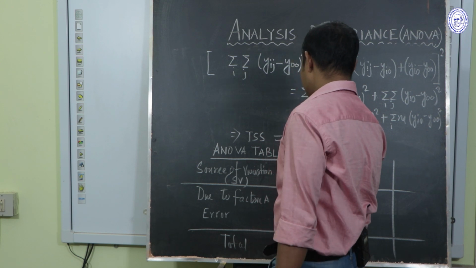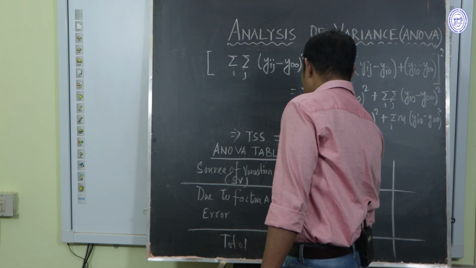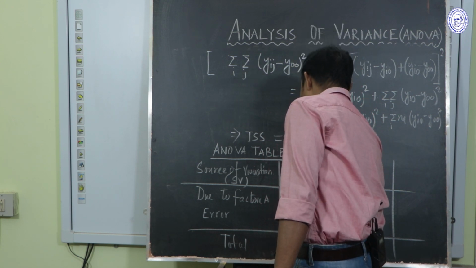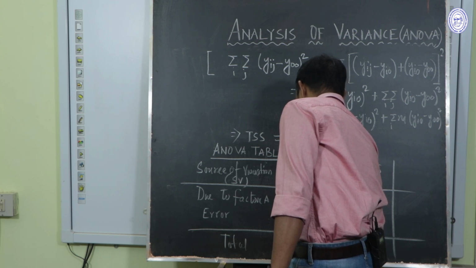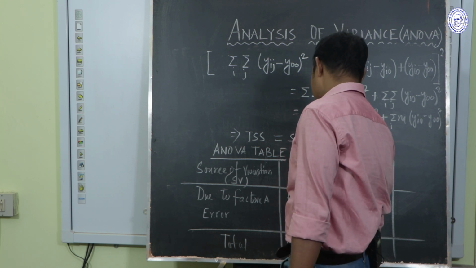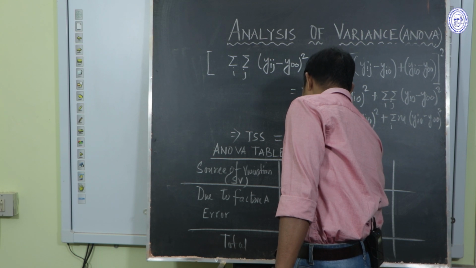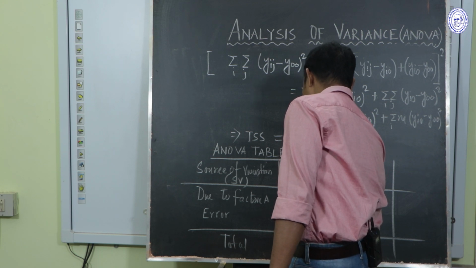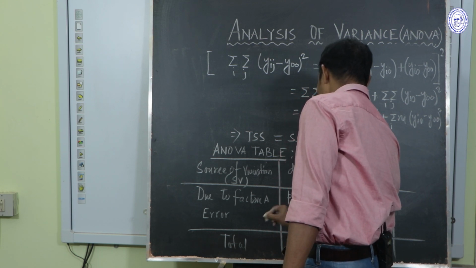Due to factor A, degrees of freedom p minus 1; total observations is n, degrees of freedom n minus 1; error degrees of freedom n minus p.